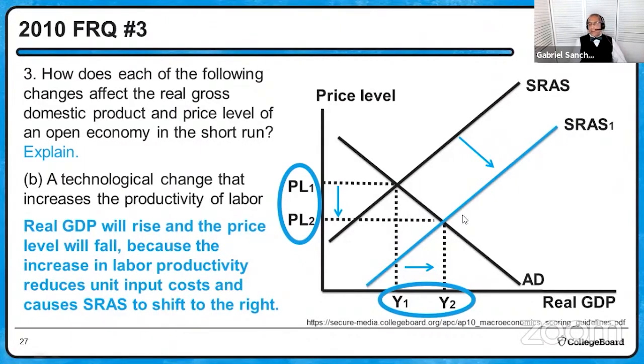The supply curve will shift to the right. As the supply curve shifts to the right, we can see the changes in output from Y1 to Y2. So we have an increase in real GDP. We see the price level change from PL1 to PL2. So that's a decrease in the price level. So again, here we can see what the graph is showing us and what we can write here in one sentence. When in doubt, graph it out.